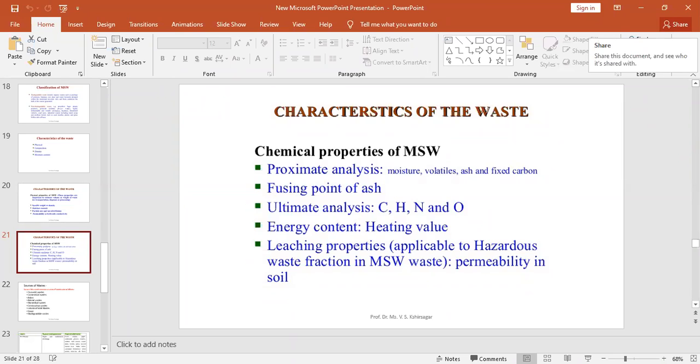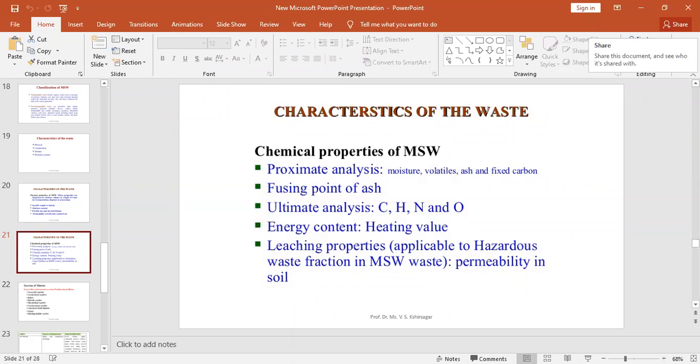Once you know the chemical properties, that is moisture content, volatility, fixed carbon, nitrogen, hydrogen and oxygen content, you can judge and comment on how much and what type of emissions the waste will give after decomposition or degradation by natural or artificial methods. That is the purpose for which proximate and ultimate analysis of municipal solid waste is required.